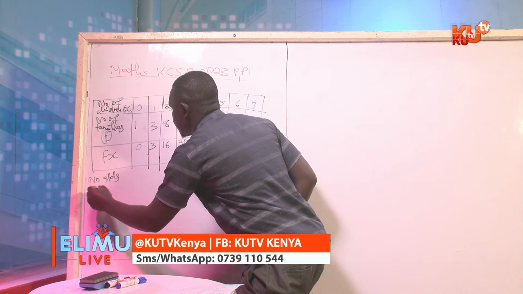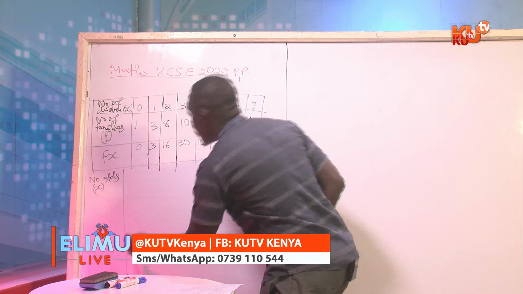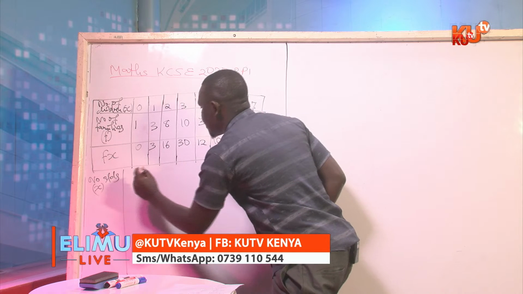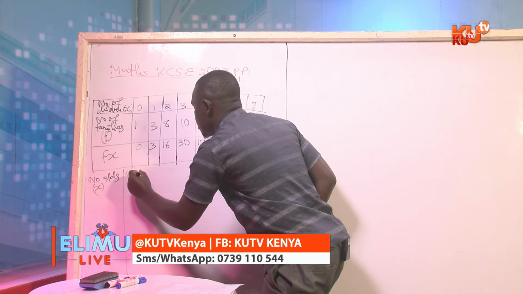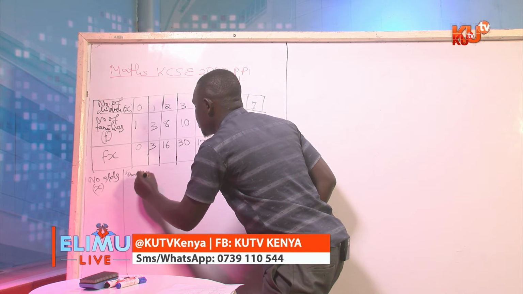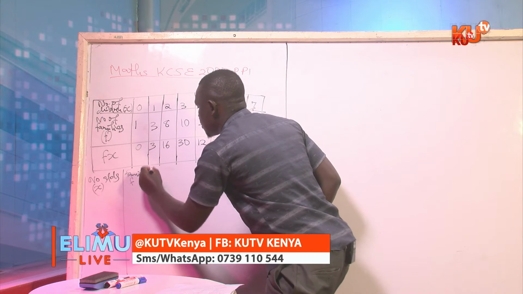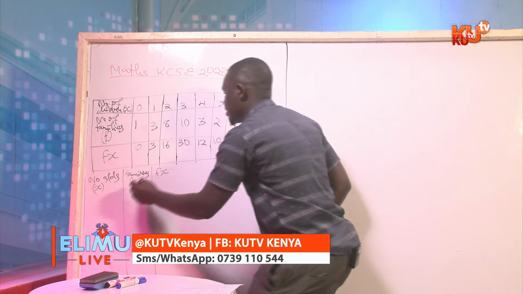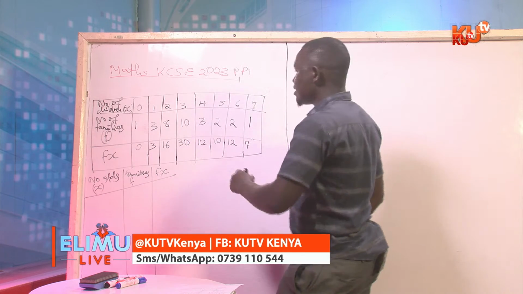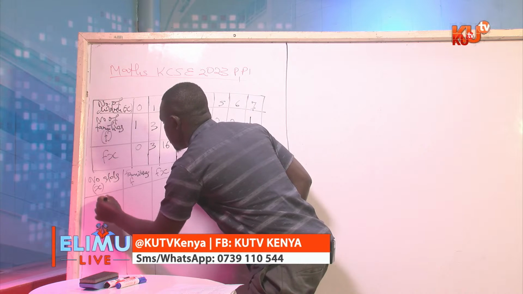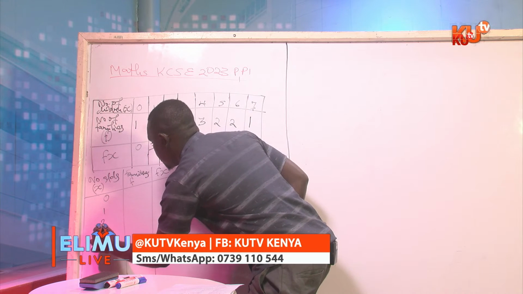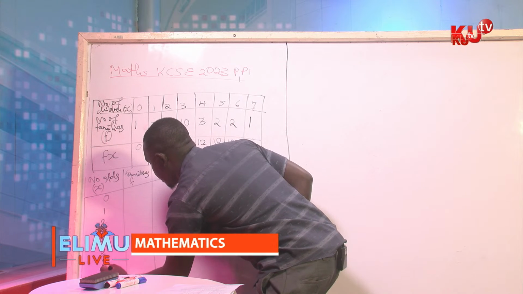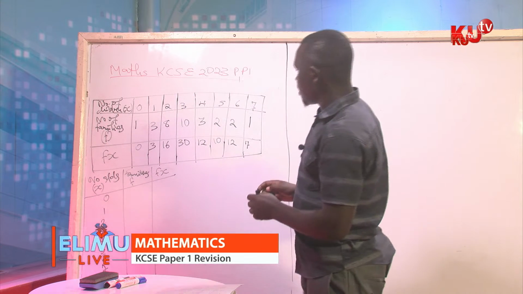For that case, I'll have my number of children here, which may be x. I'll have another column for families, which is f. The last column will be the fx. Then it is just 0, 1, 2, 3, 4, 5, 6, 7, like that.